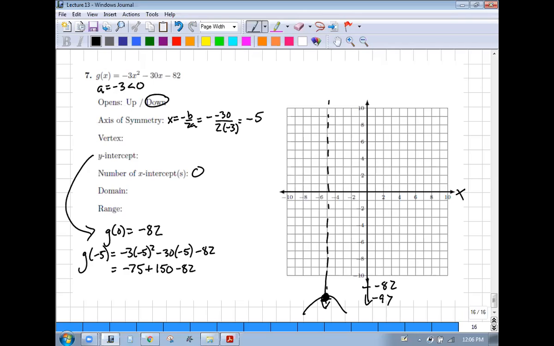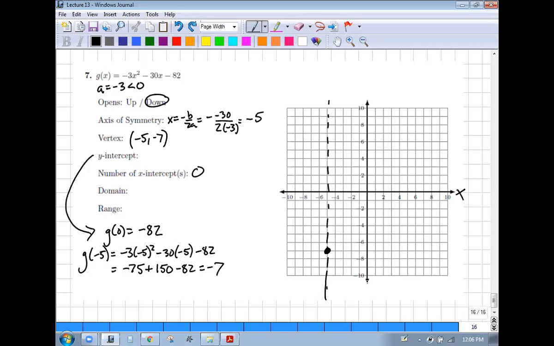So 150 minus 75 minus 82 gives us negative 7. See, that's way better than negative 97. So instead of way down here, we're right here at negative 7. Our vertex is at (-5, -7). Oh yeah, now this makes sense.